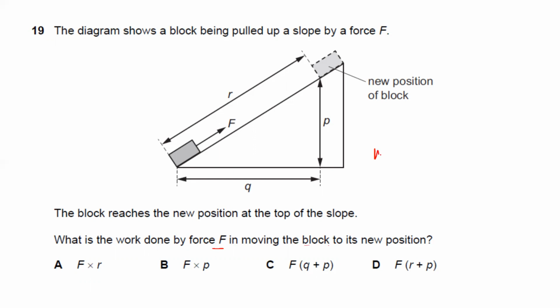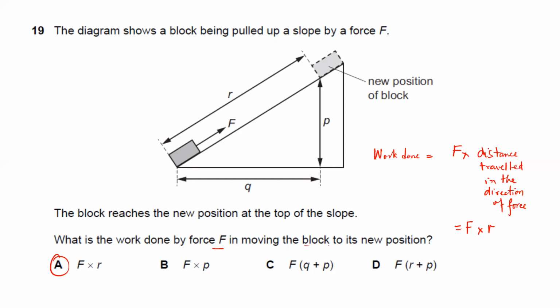So remember, work done is force multiplied by distance traveled in the direction of force. The force is F and the distance traveled in the direction of force is R. So F cross R. A is the right answer we have in this case.